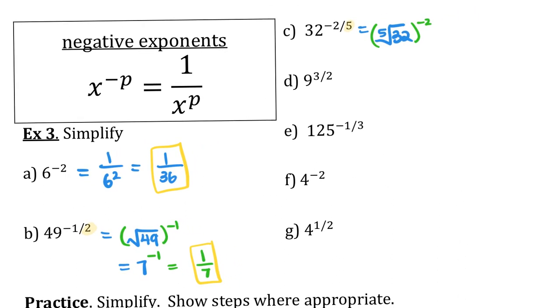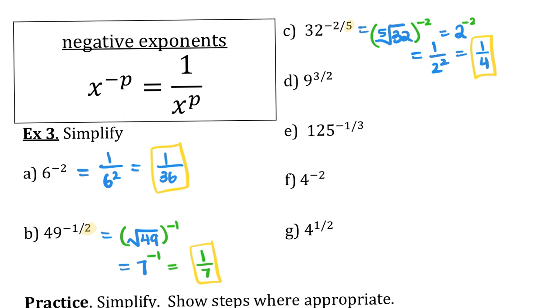Okay, so the 5th root of 32 is what? It's 2. So 2 to the negative 2. Okay, negative exponents mean fractions. So this is 1 over 2 squared, which is 1/4. Okay, so really do these step by step.